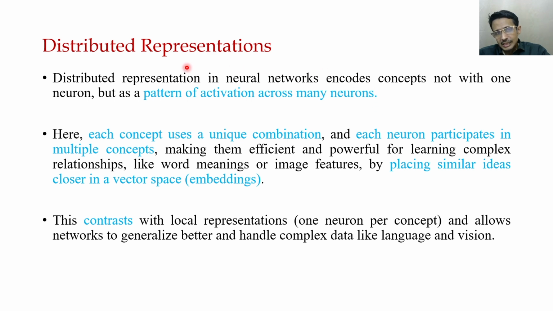Many neurons are involved for a particular pattern, and so it essentially improves generalization, so that it handles complex data like language and vision. Okay, so these are the three main pillars that make deep neural networks so successful today.